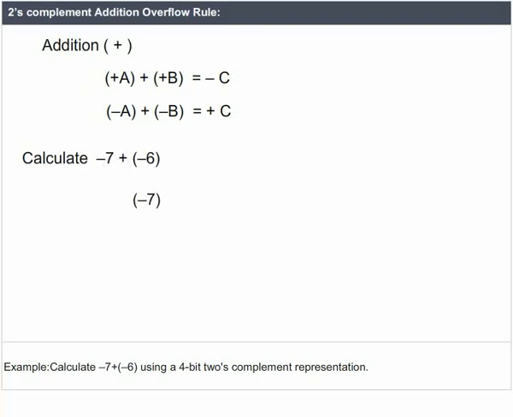Minus 7 is 1001, plus minus 6 is 1010, which gives 10011. Overflow.